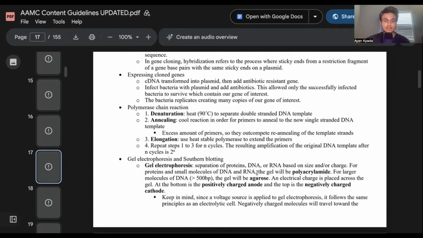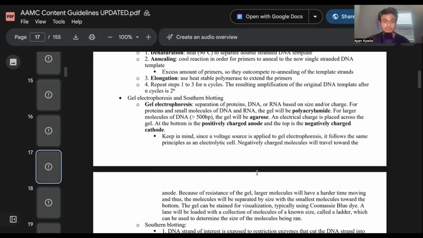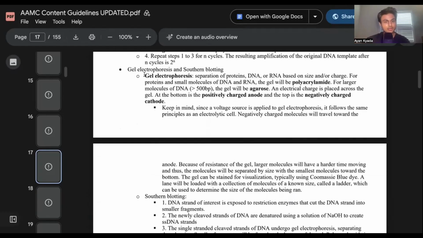And now we're going to talk about gel electrophoresis and southern blotting. So gel electrophoresis is commonly used as one of the first steps to actually set up the southern blot test. Gel electrophoresis can be a standalone test on its own, but it's usually used in conjunction with further laboratory tests, just like we're about to discuss with southern blotting.